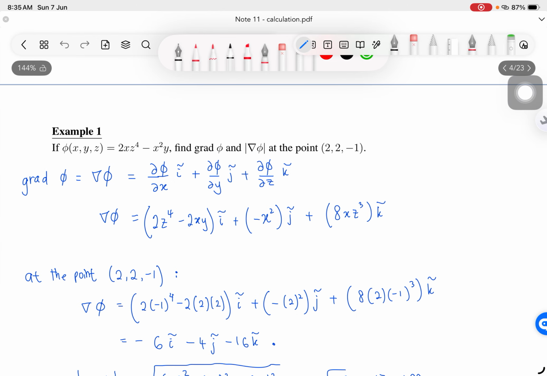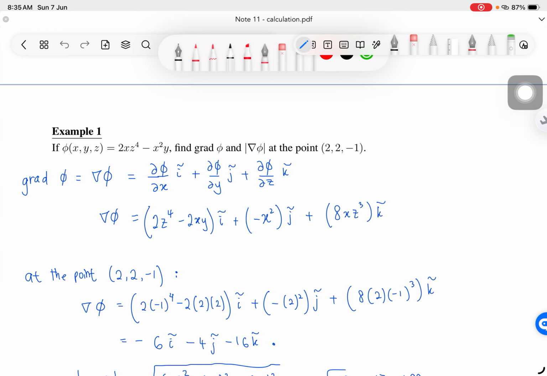For example 1, given a function phi equal to 2xz to the power 4 minus x squared y, the question asks you to find the gradient of phi, and then find the magnitude of the gradient at the point (2, -2, 1).